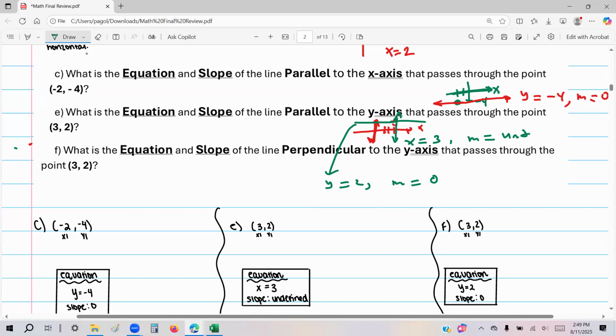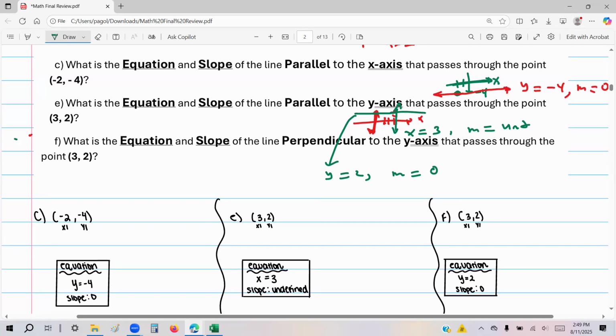So one of these 6 questions will be in the exam. But which one, I don't know. So basically, if the line is like this, slope is undefined. Slope is like this, 0. Horizontal line has 0 slope, vertical line doesn't have any slope.